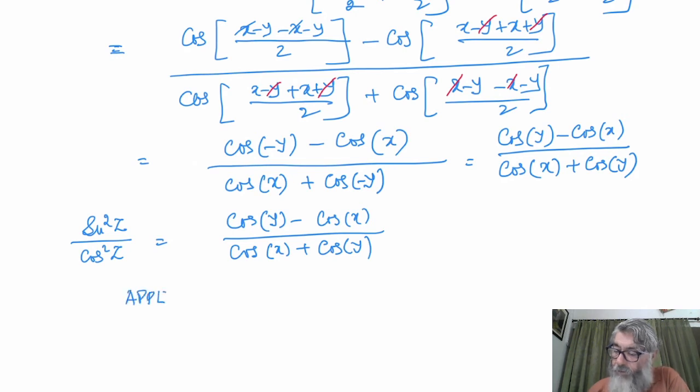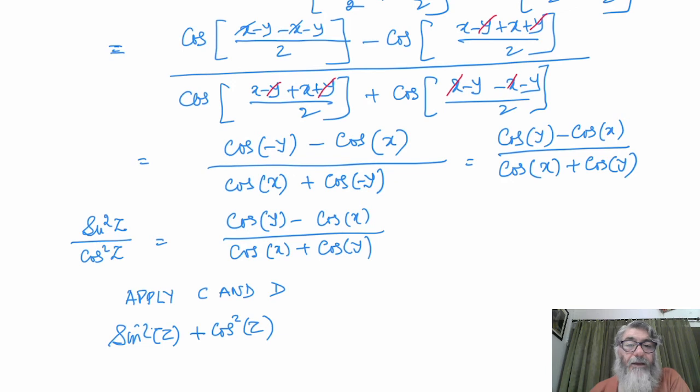Apply C and D, componendo and dividendo. So sin square z plus cos square z, and sin square z minus cos square z.